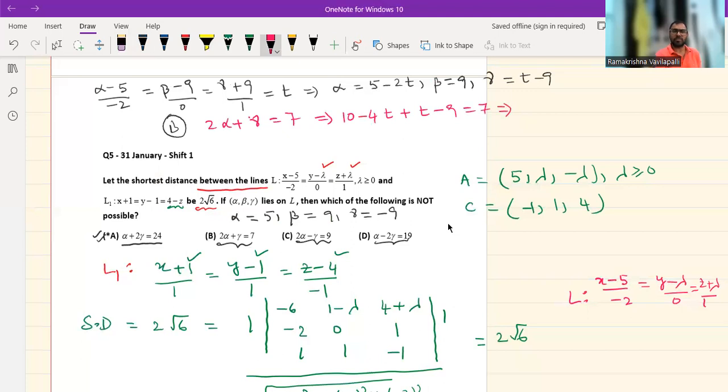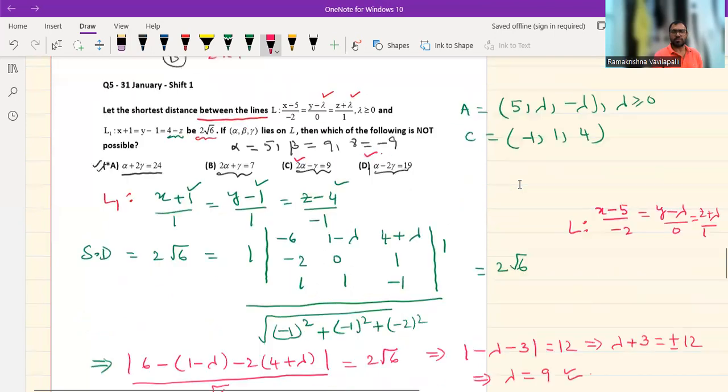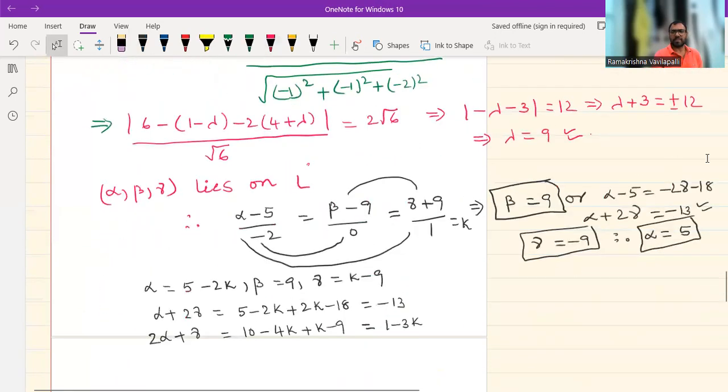Yes, there is a possible value of t. So you will get here, you see, this is 10 minus 9, 1, 6 equal to minus 3t. So this implies t equal to minus 2. So there exists some point for t equal to minus 2 which satisfies this relation. Similarly, you can check C and D also. So from that relation, we got immediately that alpha plus 2 gamma equal to minus 13.